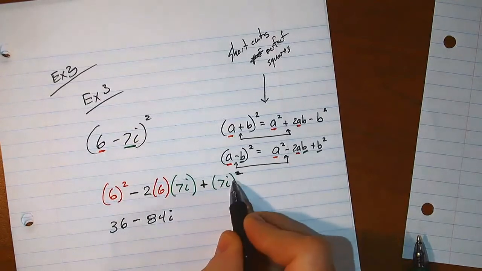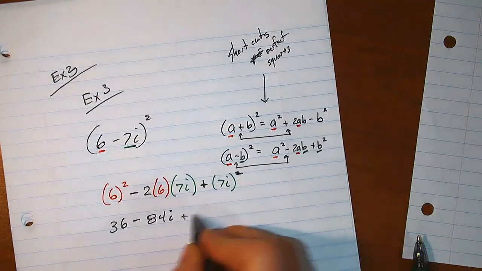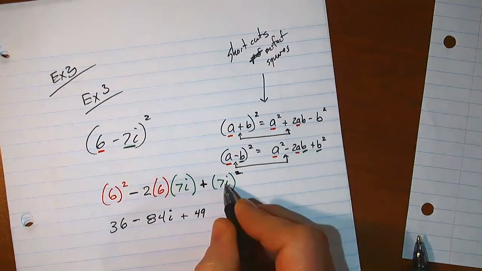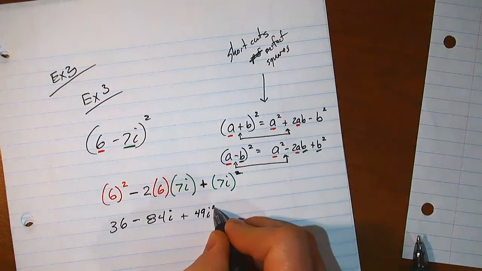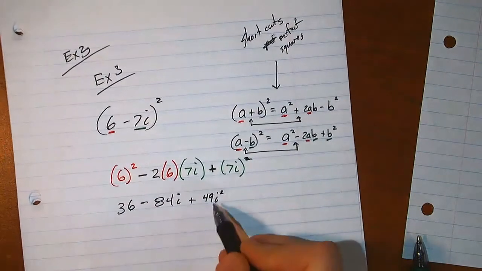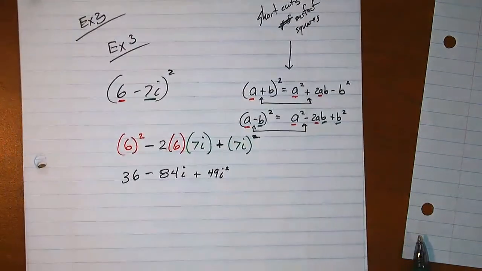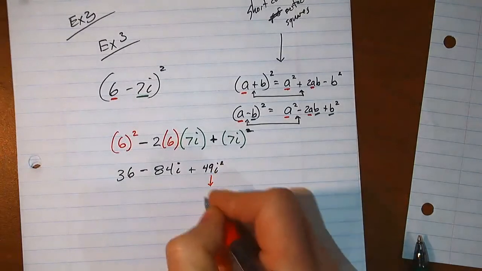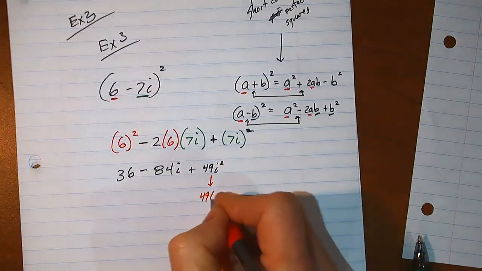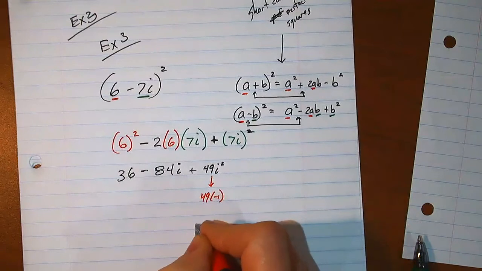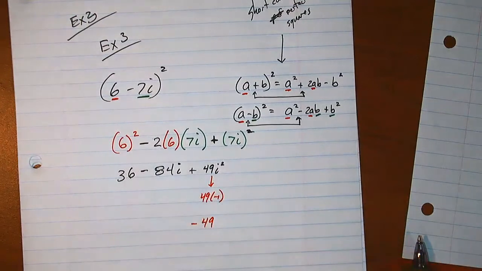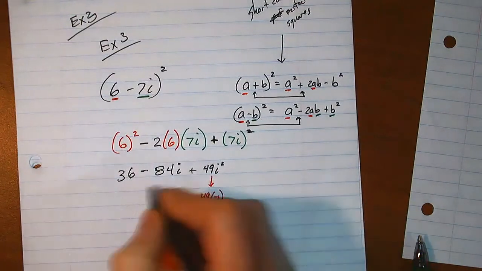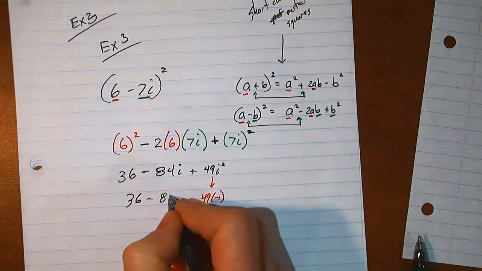And then here I'm going to get a 7i squared. So 7 squared is 49, and then times i squared. So I have to change this into a -1 and finish this just like before. So this thing becomes 49 times -1, which is really just a -49. All the rest of this stays the same. 36 minus 84i.